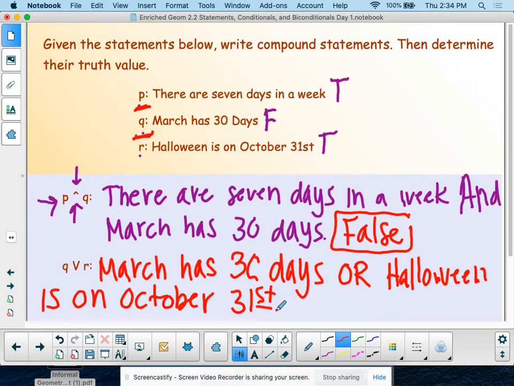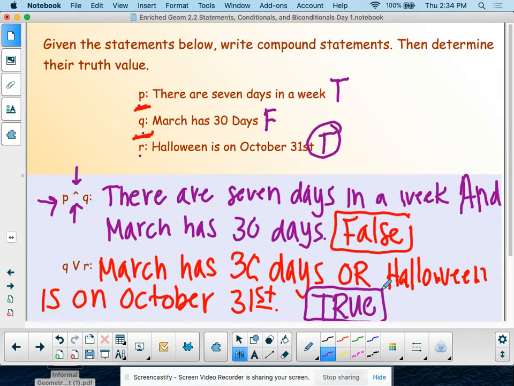Okay, now remember, in order for a disjunction to be true, only one needs to be true. And since Halloween is on October 31st, since that is true, we can automatically assume that this whole statement is true.